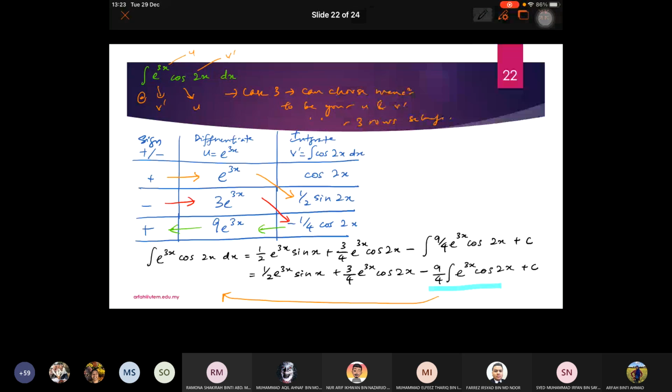This one should be sin 2x. Okay. So done with this one. So bawa ke belah kanan and then settlekan for the integration. So saya bagi masa untuk awak salin. Siapa-siapa yang sedang menyalin, siapa-siapa yang nak salin.